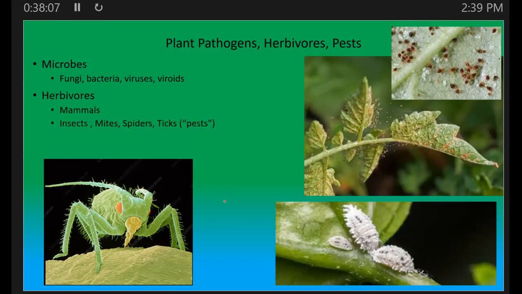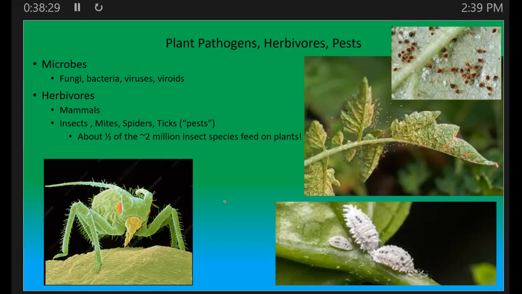Herbivores, you have mammals, the fuzzy animals, but you also have the insects. And all the insects are referred to as pests. You often hear that term, or they might say the insect herbivore. So there's roughly 2 million insect species out there in the world, and about 1 million attack plants.